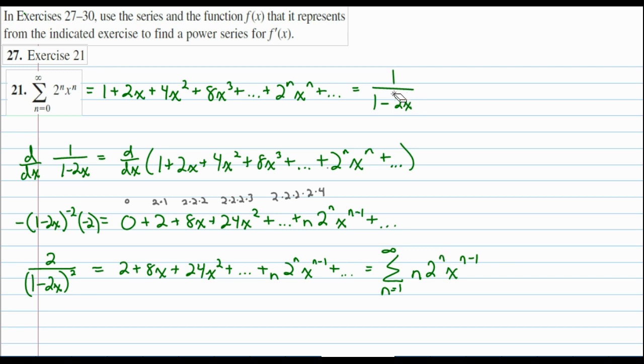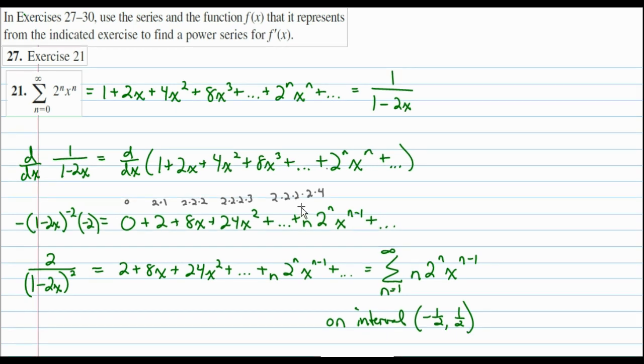Remember I said keep in mind what change took place here? If it was 1 over 1 minus x, it would be from negative 1 to 1. But now this is only going to converge, that was a horizontal shrink by 1/2, so it's only going to converge on the interval negative 1/2 to 1/2. Which means the power series for 2 over 1 minus 2x quantity squared will only be a good approximation between the x values negative 1/2 and 1/2. Outside of that, it does not converge.